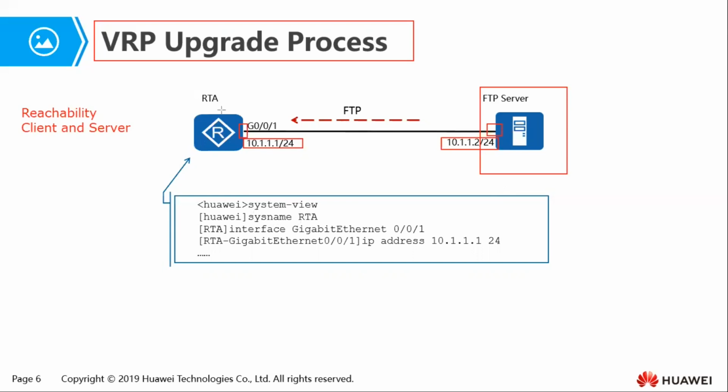So that's why here we are going into RTA. The first thing we are doing is renaming it in system view, we rename it RTA. Then we go into that interface and we configure an IP address, 10.1.1.1/24.